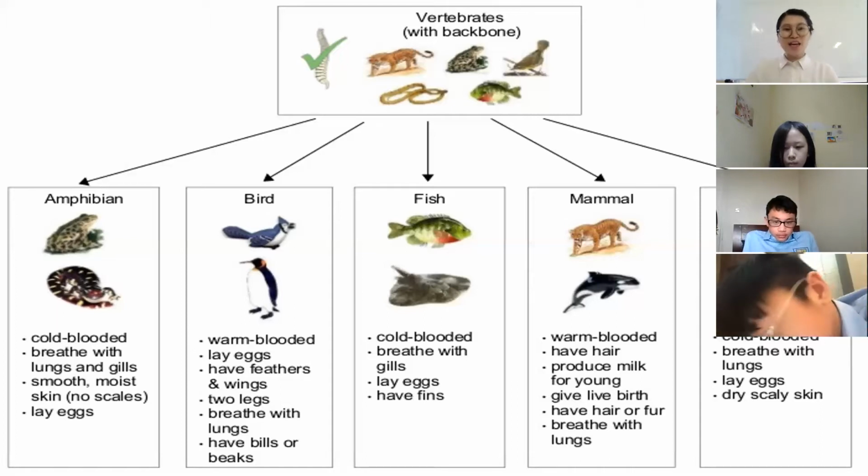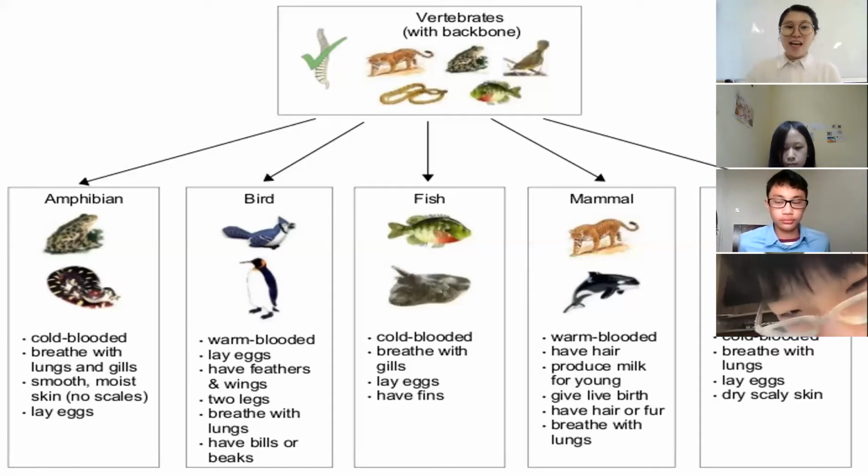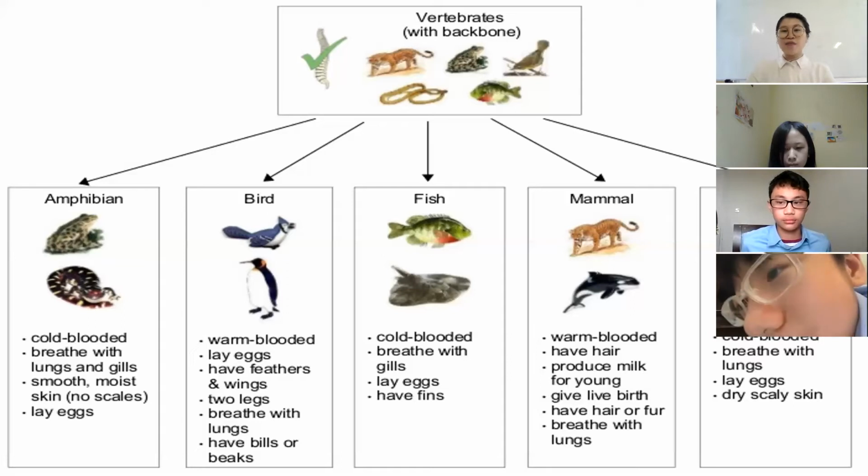Okay, is there any question regarding our topic for today? No. Okay, so I am going to ask you, what have you learned in today's lesson? May I request Daniel? Okay, Daniel, what have you learned in today's lesson? Vertebrates and invertebrates. Oh, vertebrates and invertebrates.